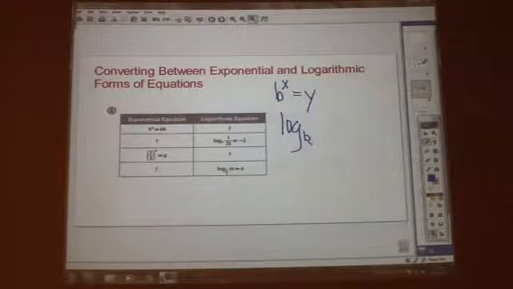Subscript. Superscript is up top. Then this number over here that it equals becomes the whole number here, and the exponent goes on the outside there. Now, to me this is hard to remember, and I have to look at this little formula every time, so it's okay if you do.